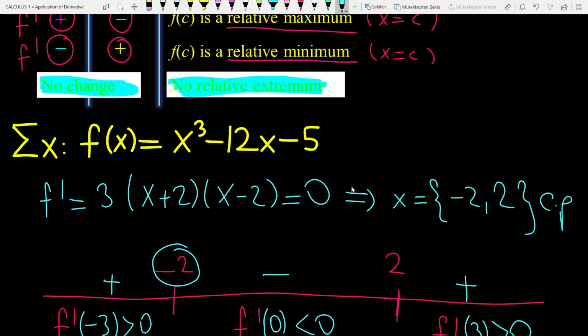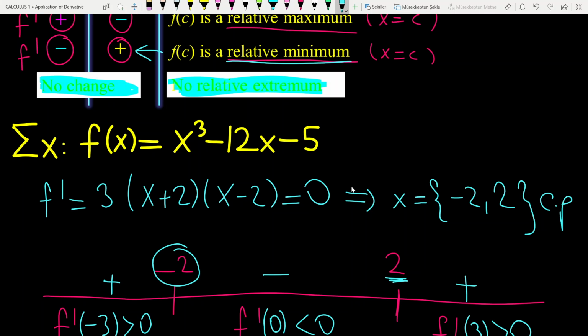Again, the sign of f prime is negative to the left of 2 and positive to the right of 2. This is why the function has a relative minimum at the point 2. Okay, it is the idea of the first derivative test.